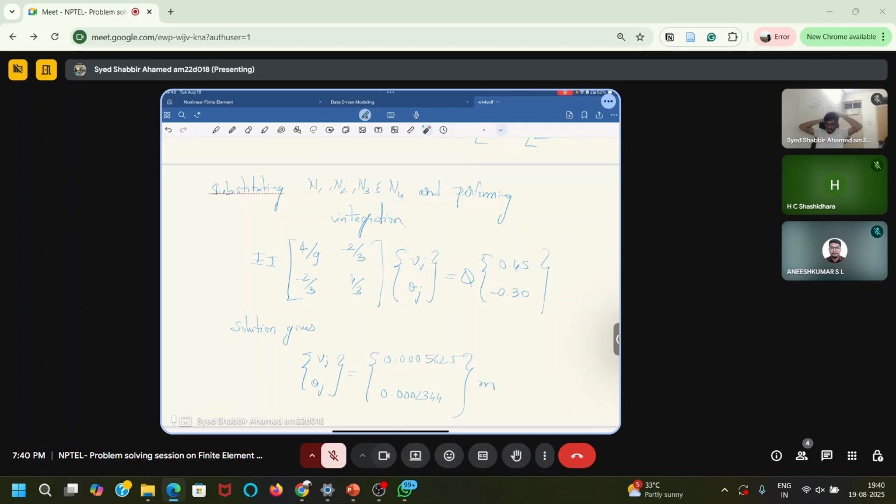This will become complex because we had only one element, so there was no assembly step involved.